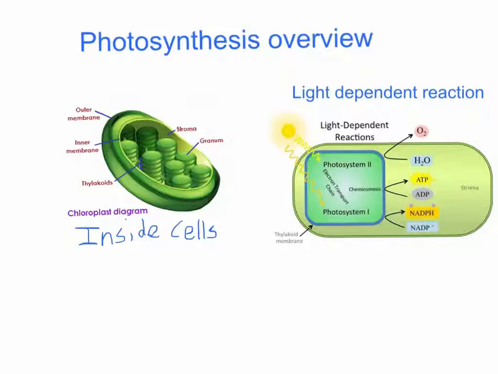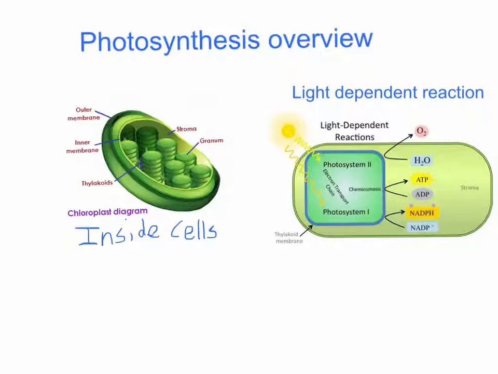The hydrogen get picked up by NADP and taken to the next set of reactions. We just talked about that. And during the process, some light energy is also used to create ATP. The ATP and the hydrogen on the NADPH are then used for the dark reactions, or light independent. So I'd probably write independent there as well.